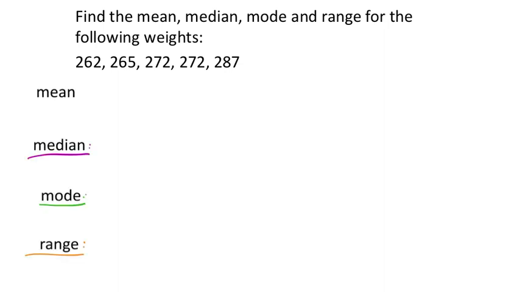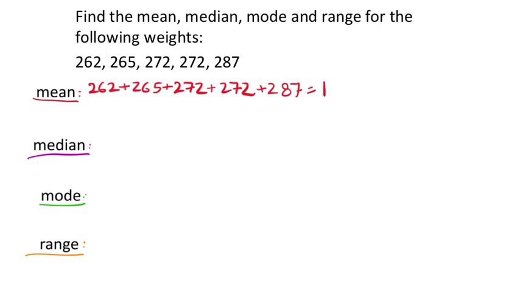Okay, well, let's take these 5 numbers and we're going to add them together. 262 plus 265 plus 272 plus 272 plus 287. Now again, this is just a calculator thing. We don't need to stack and add these. You just put it in the calculator and find that sum, which when I put it in my calculator, I got 1,358.